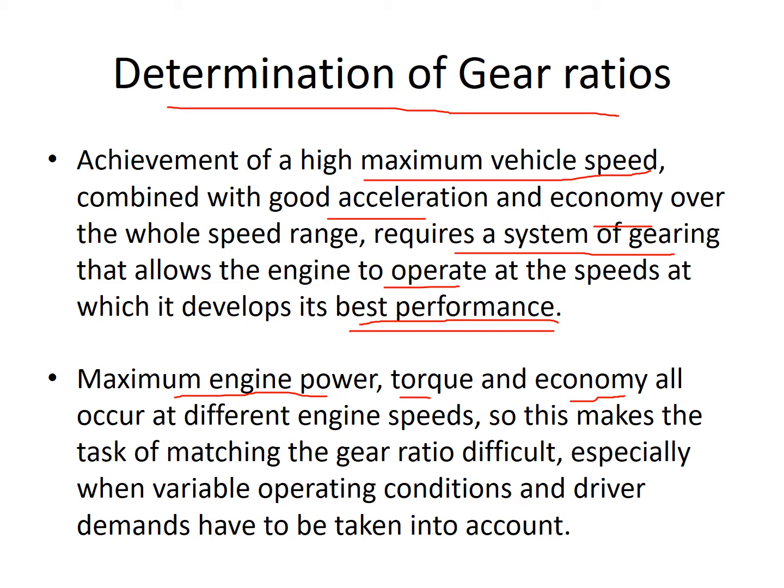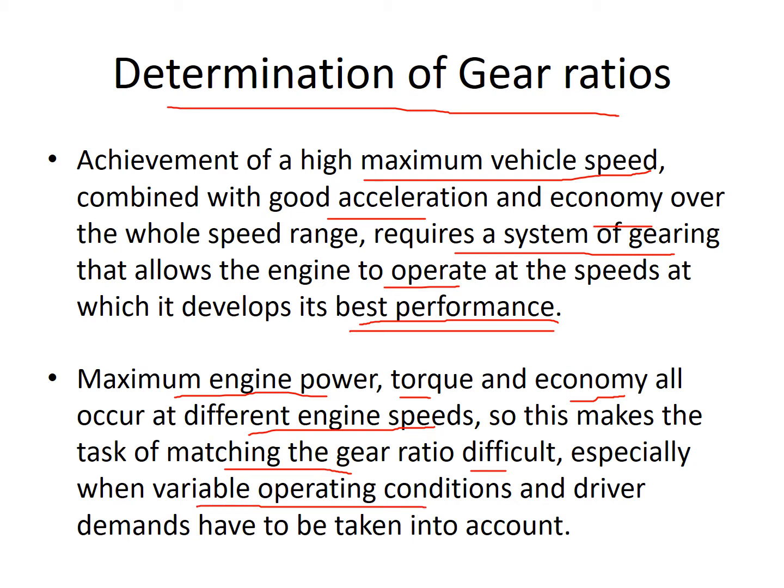So this characteristic has to be studied first to get the maximum engine power, torque, and economy, and all occur at different engine speeds. It is not at a single engine speed. There are several engine speeds, so this makes the task of matching the gear ratio difficult, especially with variable operating conditions.